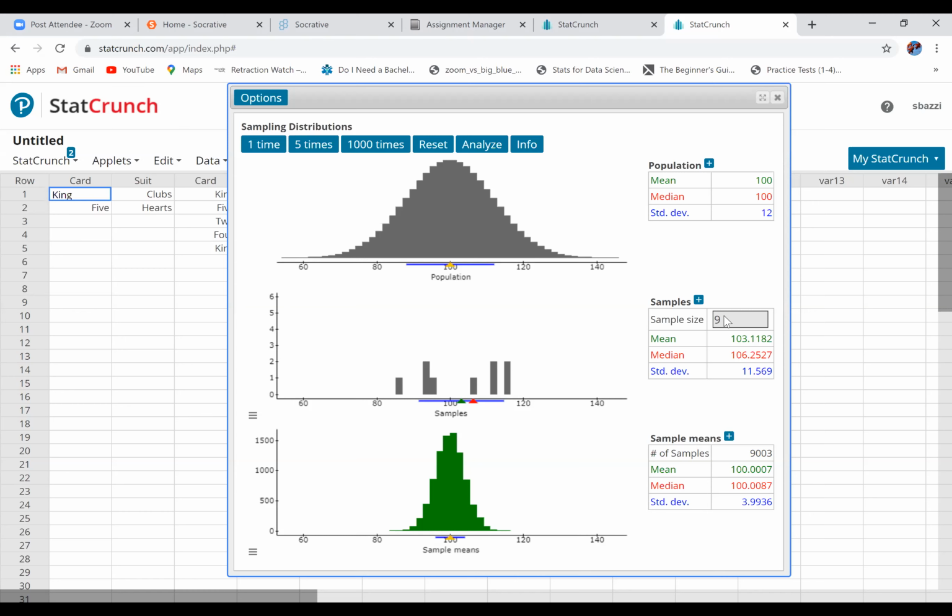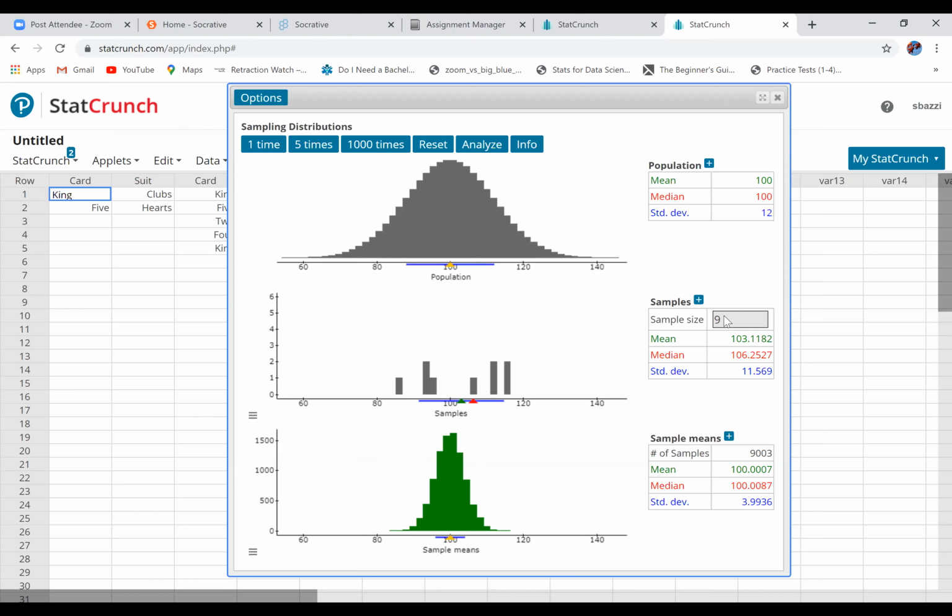This is what I'd like you to notice here. Do you notice that the mean of those 9,000 means is 100, and the original mean was 100 as well? Look, this is the mean right here, right in the middle, 100. So both the original population and the new population of the sample means have the same mean, which is 100.